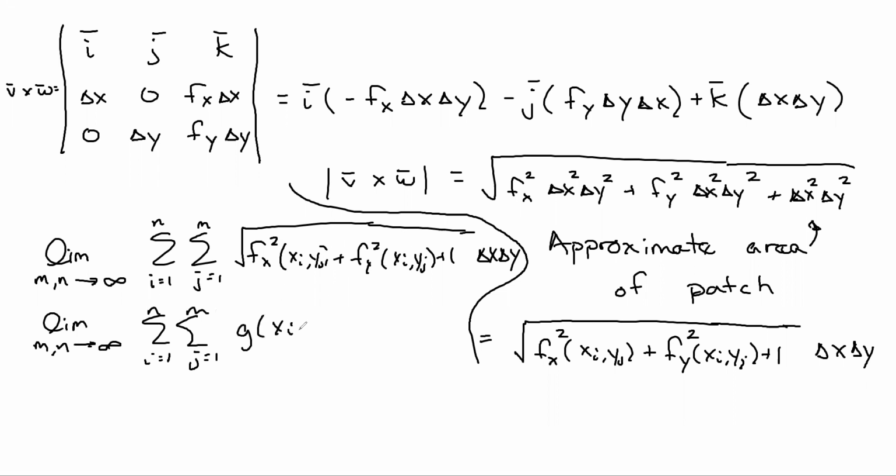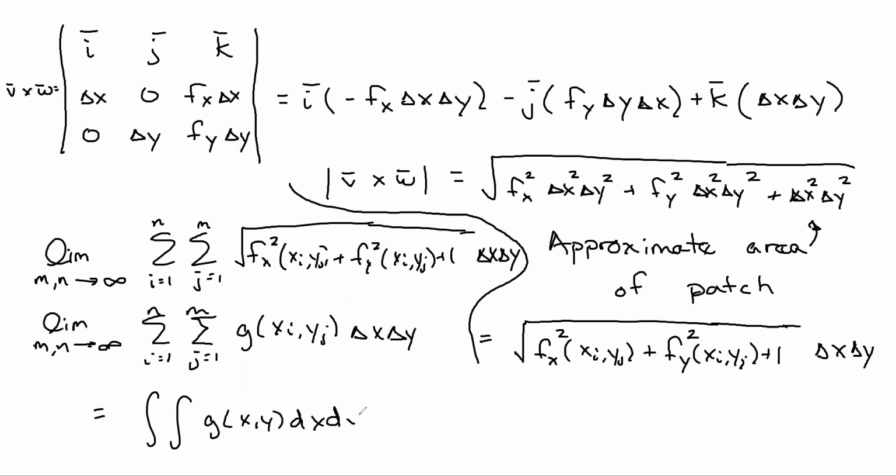This is g of x sub i, y sub j, change x, change y. You go back and watch the previous video where we defined what a double integral is. This is the format for a double integral. So we can jump right to the double integral and say that this is the double integral of g of x, y, dx, dy, over, in this case, from a to b and from c to d.